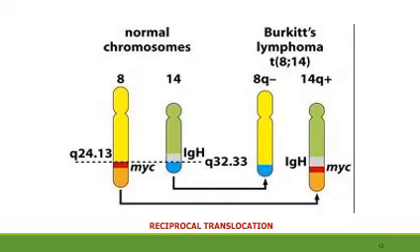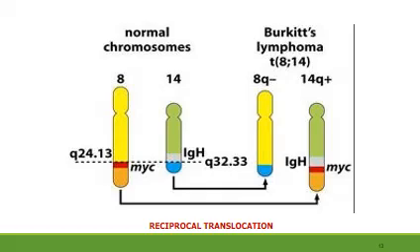So this figure very elegantly shows the type of reciprocal translocation. We find that the MYC gene, which resides on chromosome 8, is cut or split at the Q segment and gets shifted to chromosome 14.